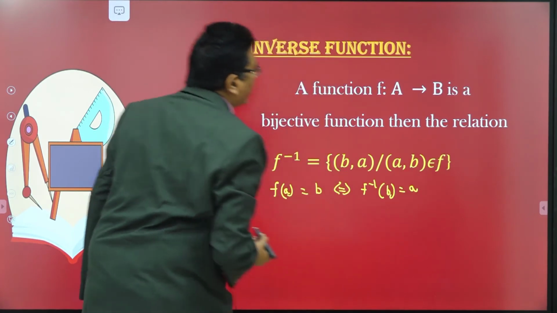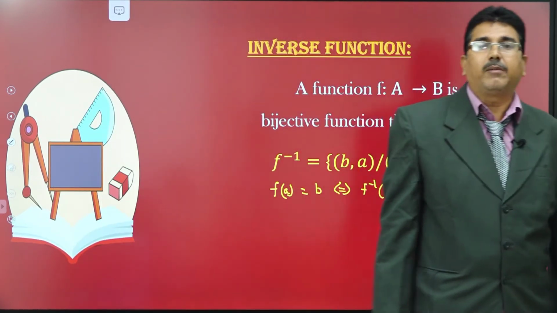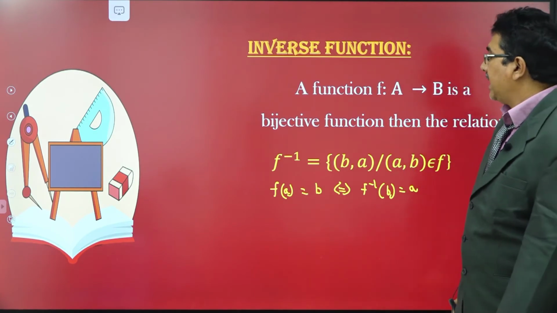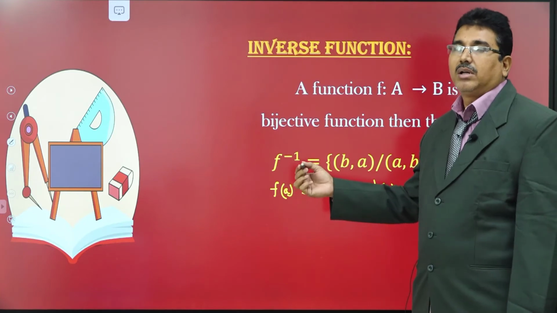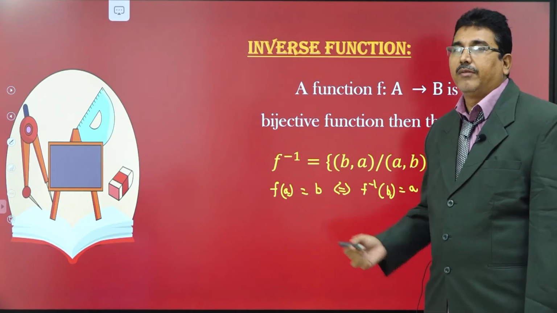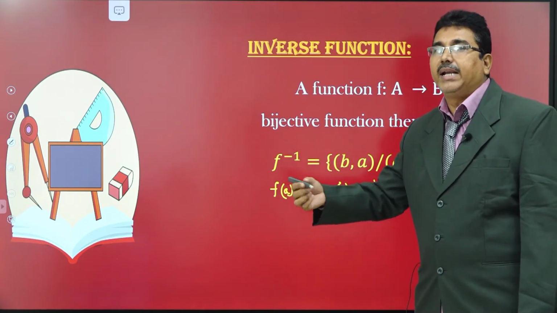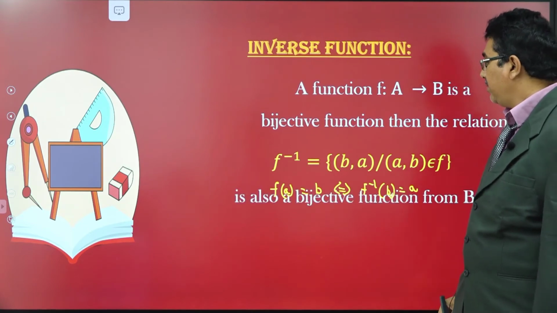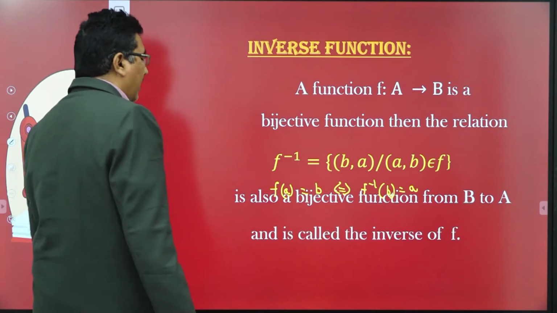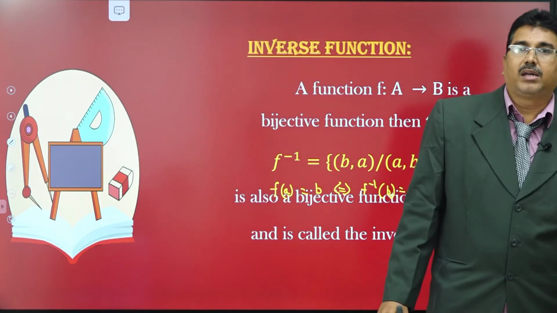If f mapping from A to B is a bijection, then its inverse f inverse from B to A is also a bijective function, and is called the inverse of f.